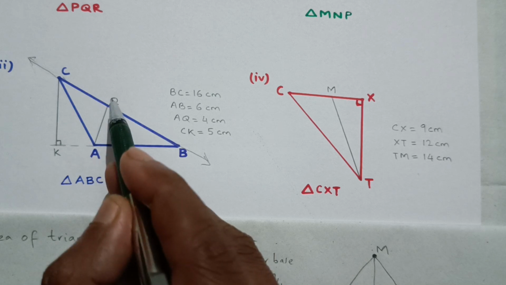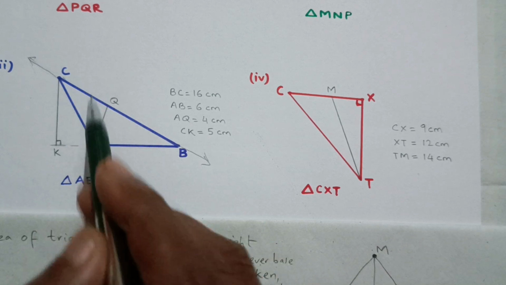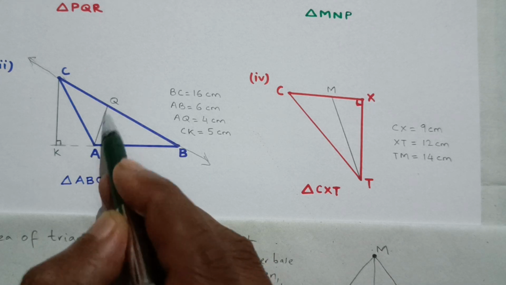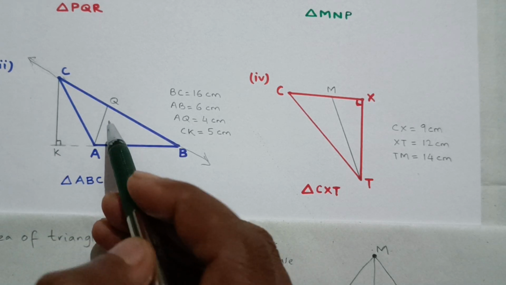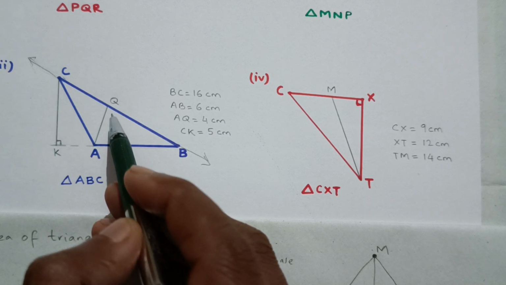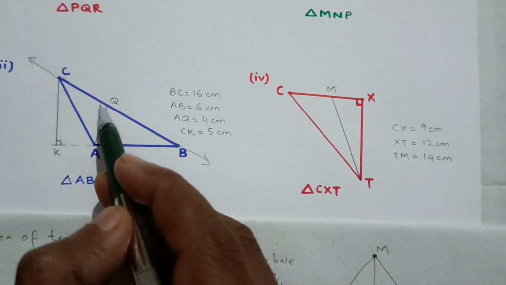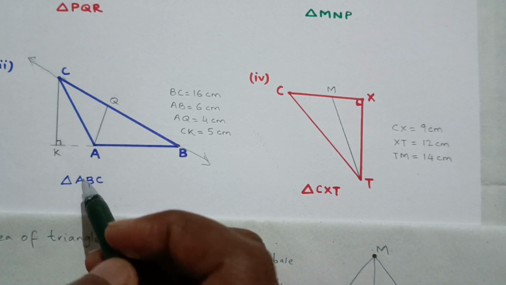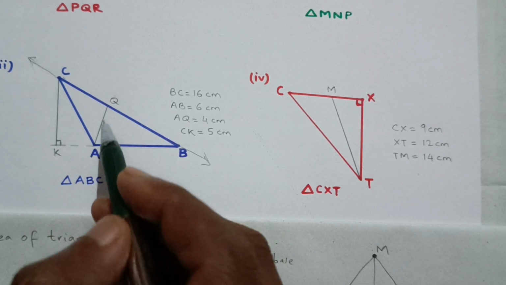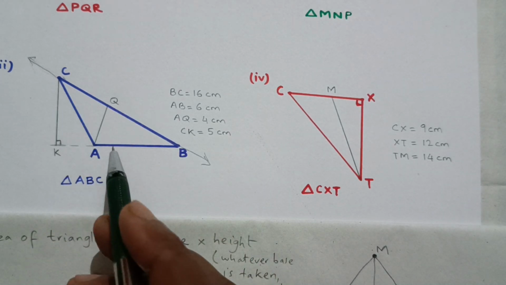If it did, they would have drawn this symbol. But here no such symbol is given, so that means AQ doesn't meet BC at 90 degrees.